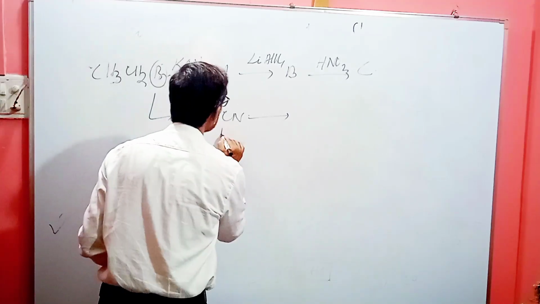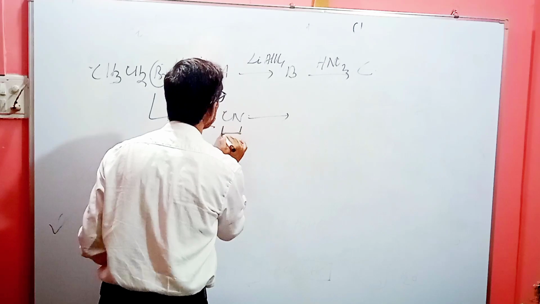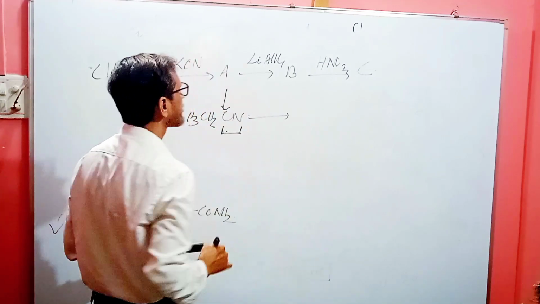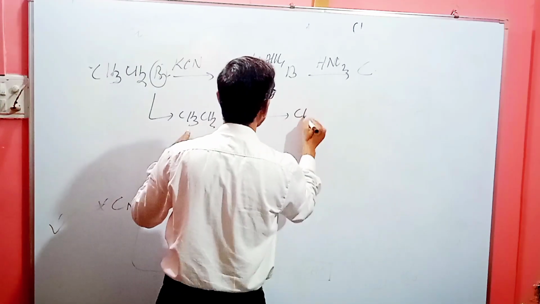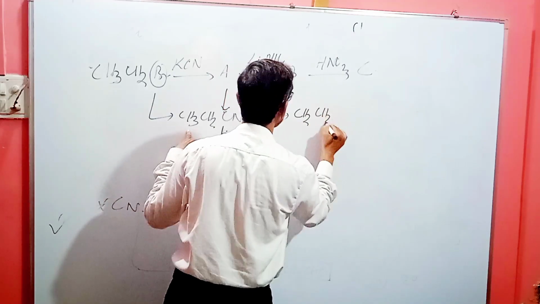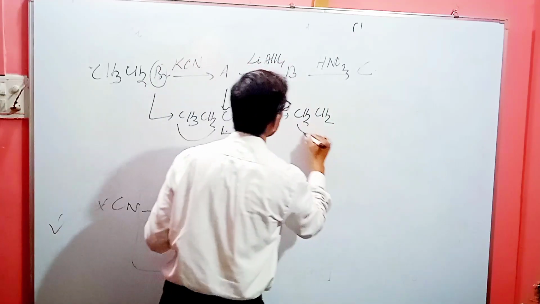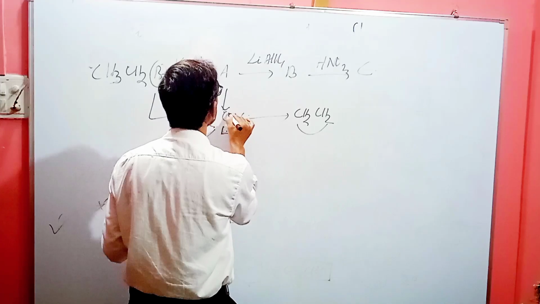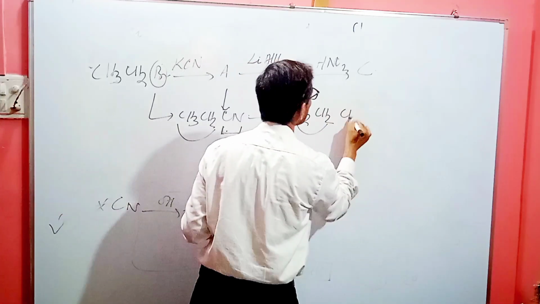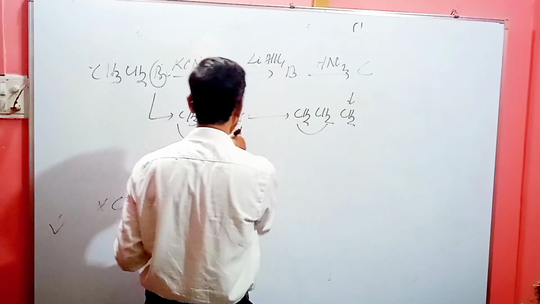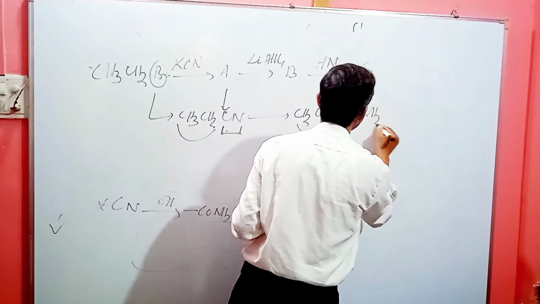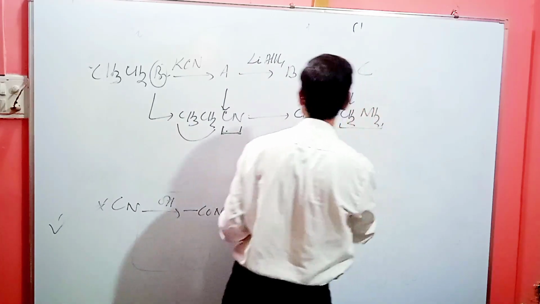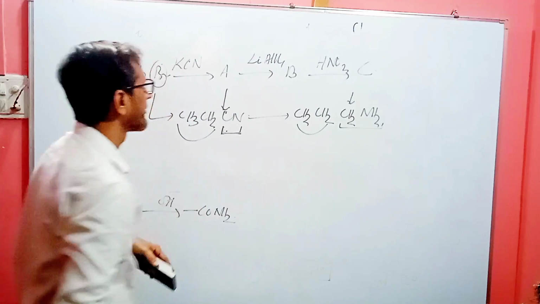So we are reducing this CN, the C will become CH2. So we get CH3CH2 as earlier, and this CN, that C becomes CH2, and here we get amine. This is reduction with lithium aluminum hydride.